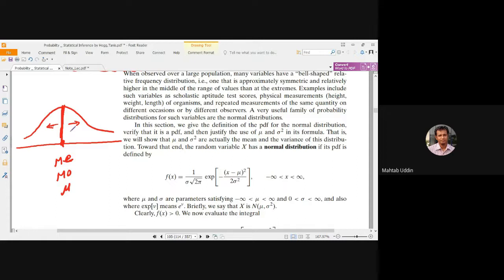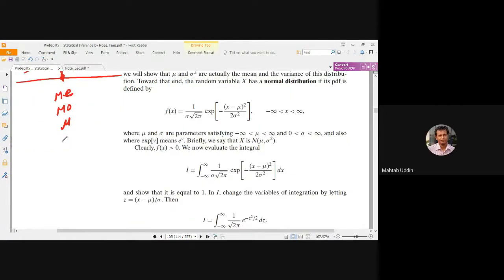Some of them below 3, some of them above 3. If so, this is called a normal distribution. Do you understand? Yes, sir.